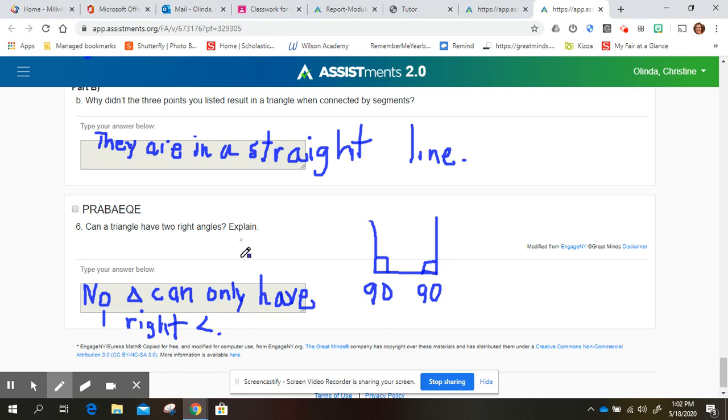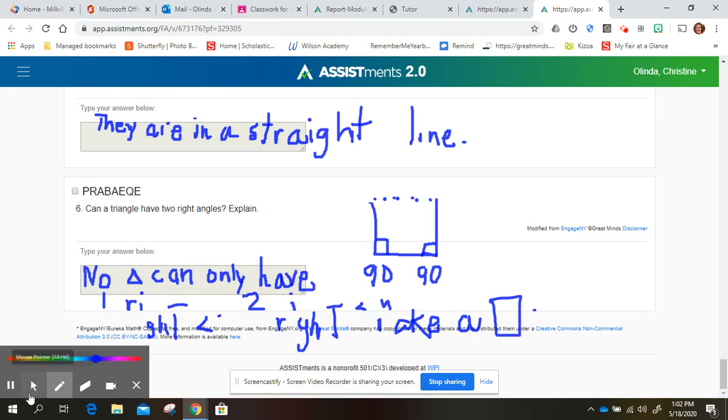And then if you want to add to the sentence, you could say, if I have 2 right angles, I will have a square, right? Because I would have to just connect that. 2 right angles make a square. All right, and so you'll type that in your box, and I think that's it. Great job.